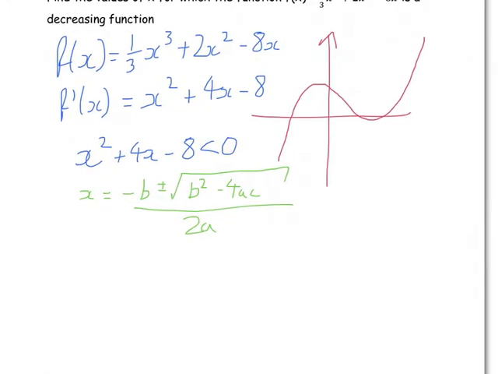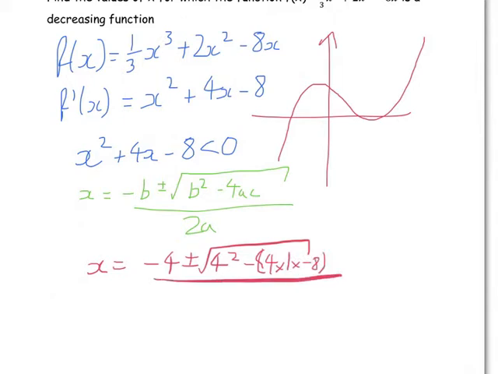And we know that our value of b is 4, so it'll be minus 4 plus or minus the square root of 4 squared minus 4 times 1 times minus 8, all divided by 2 lots of a. Well, 2 lots of 1 is 2.